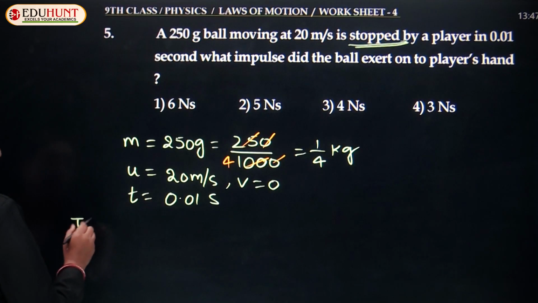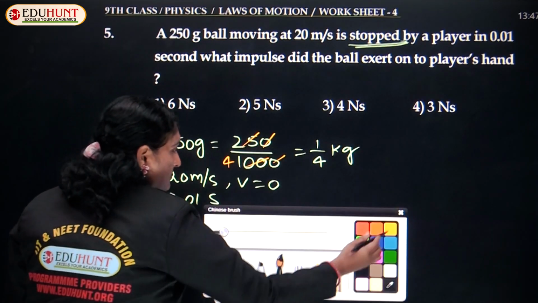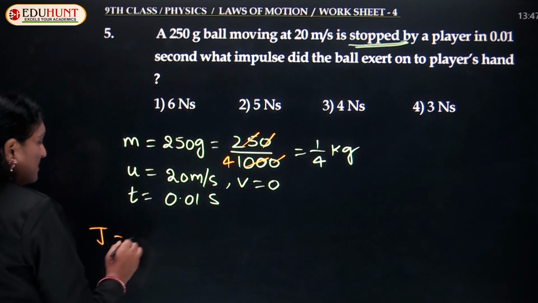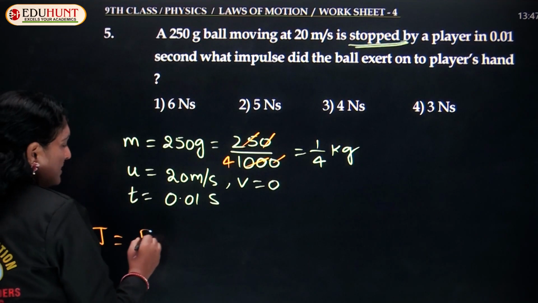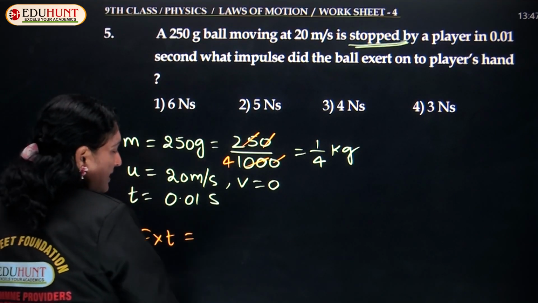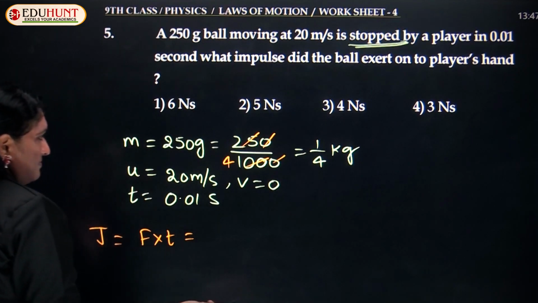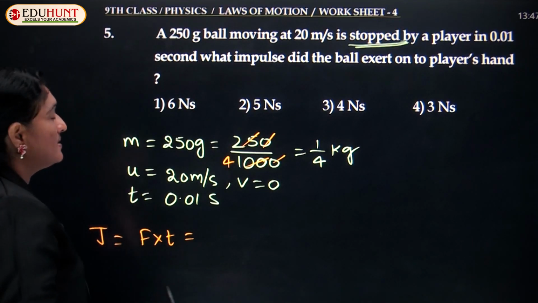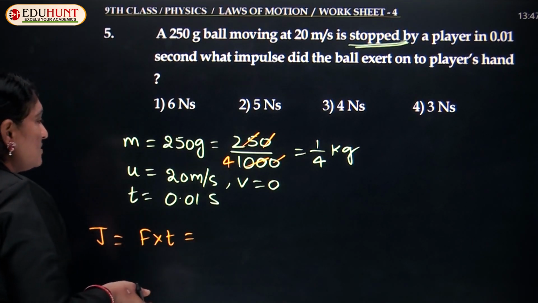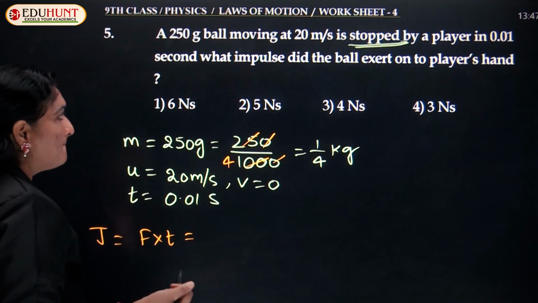So the formula for impulse, J, is nothing but J is equal to force into time, which is also written as the change in momentum. Impulse is equal to force into time, or simply change in momentum.